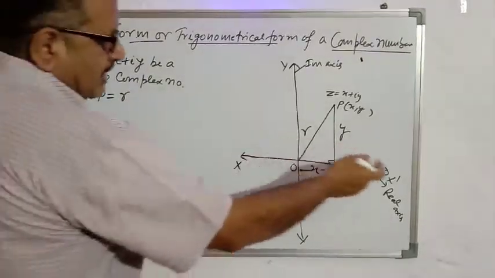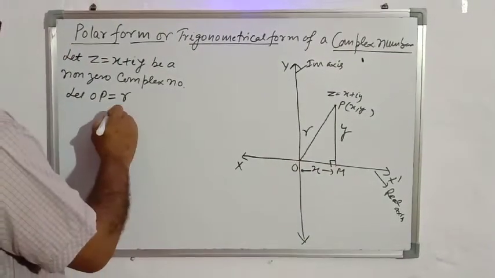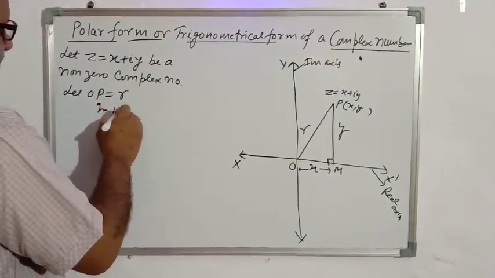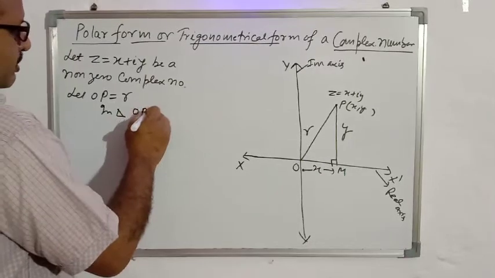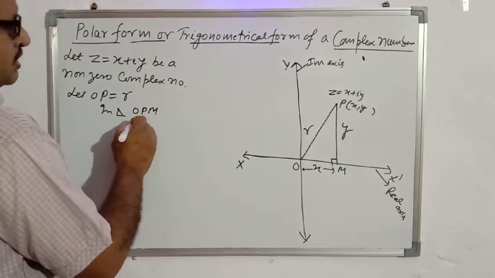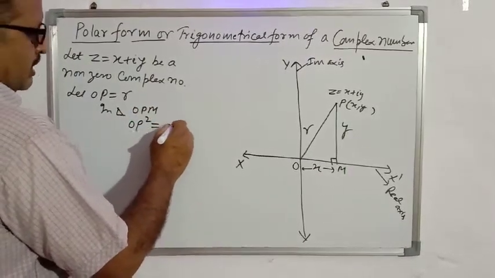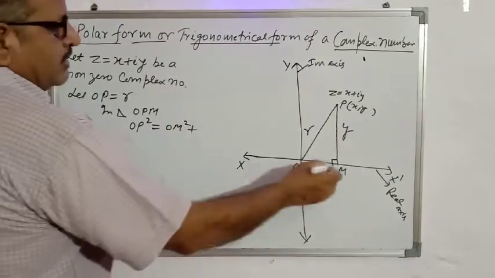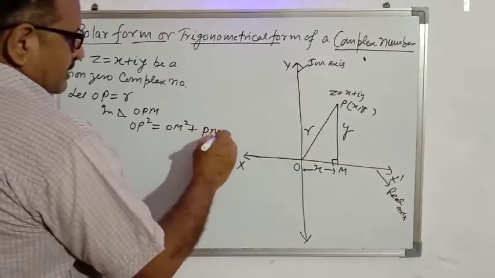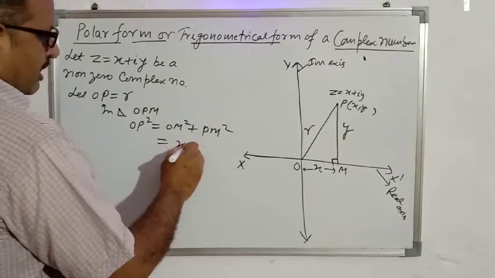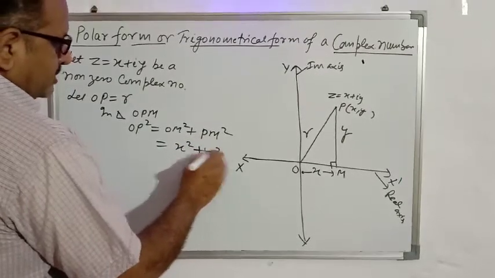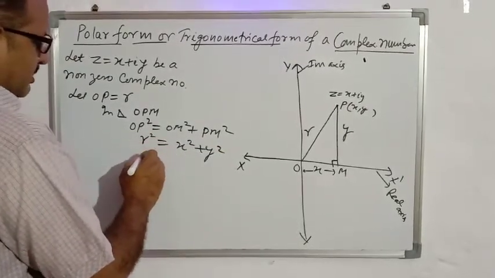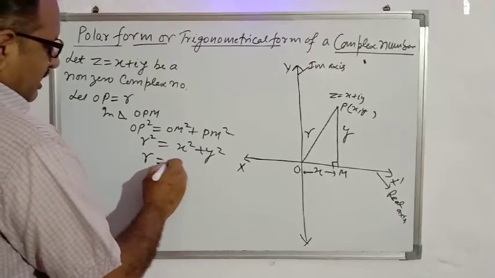If we use Pythagoras theorem in this, what will we get? In triangle OPM, OP square is equal to OM square plus PM square. OM is x, PM is y, OP is r, so r square equals x square plus y square. So what will be r?